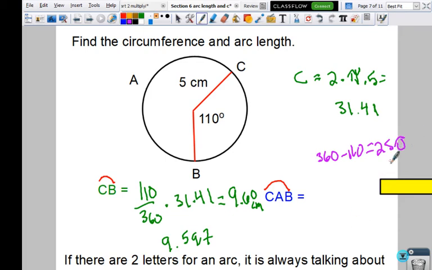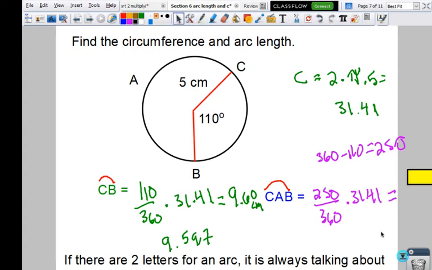Now I can just set it up again. 250 divided by 360 times 31.41. Plug it into Desmos. And Desmos is nice because I don't actually have to erase everything. I can just change this little thing right here.